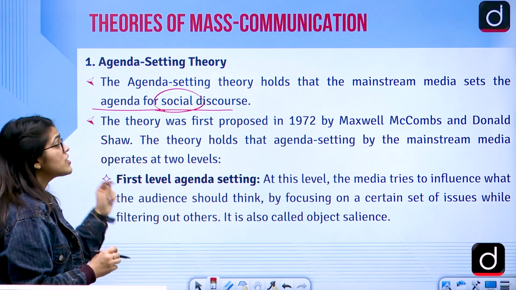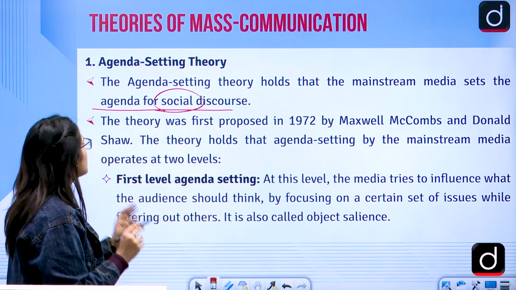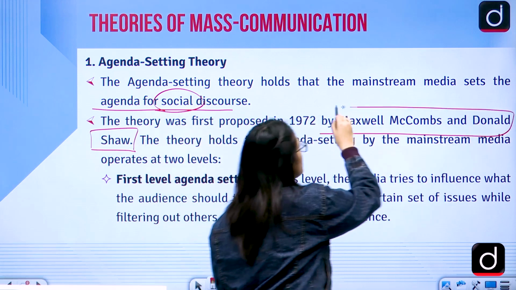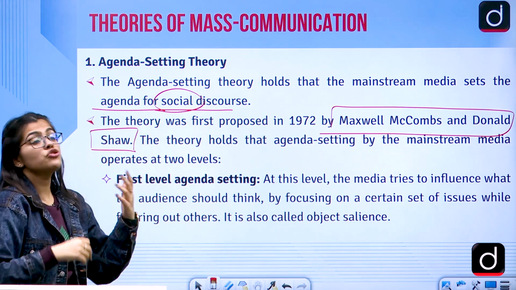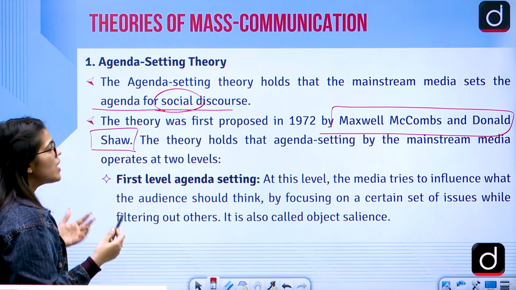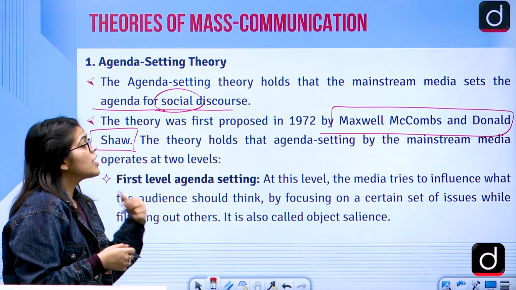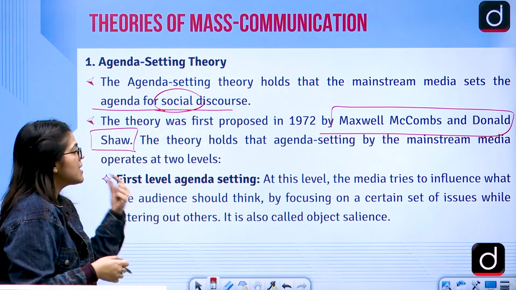The theory was first proposed in 1972 by Maxwell McCombs and Donald Shaw. This is something you have to write in your notebooks and learn. So the agenda setting theory was proposed by Maxwell McCombs and Donald Shaw. This theory holds that the agenda is basically a mainstream thing and media operates it.